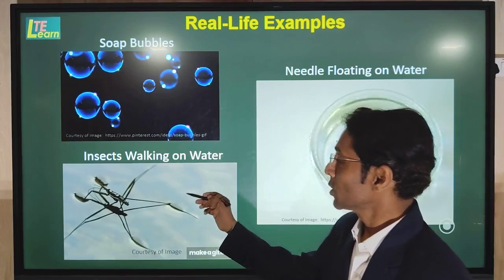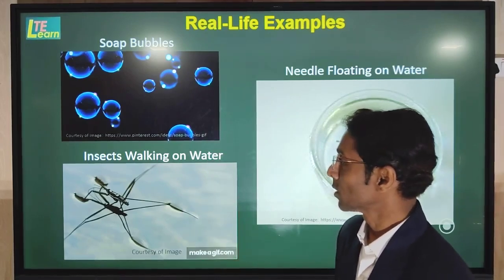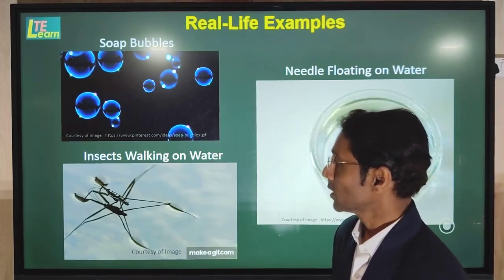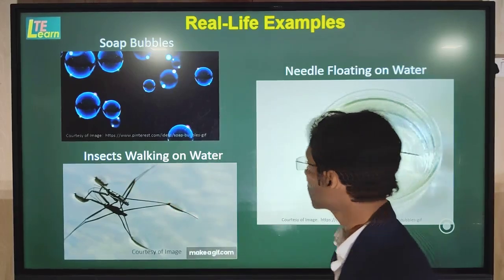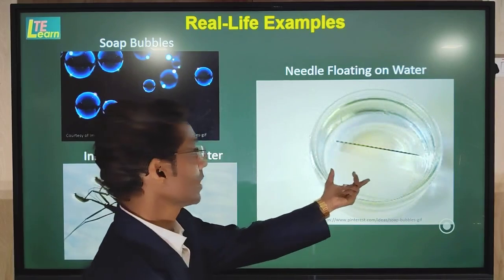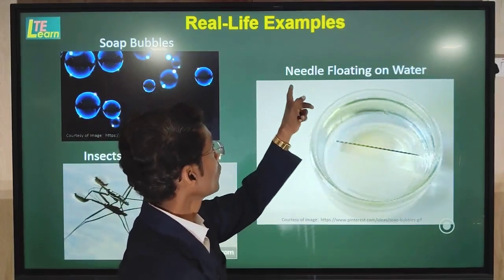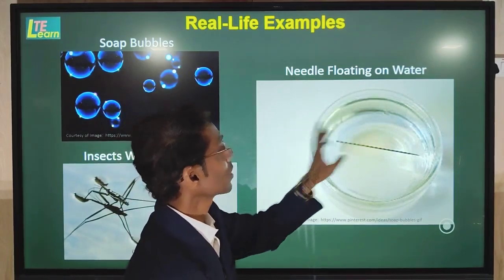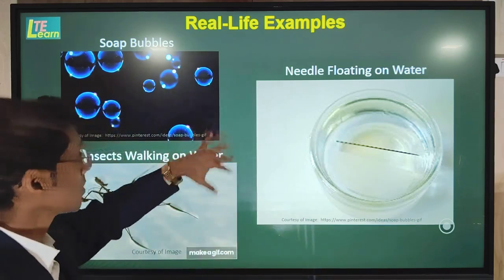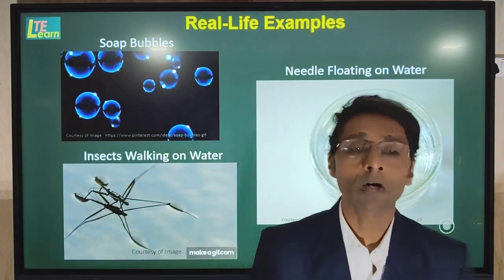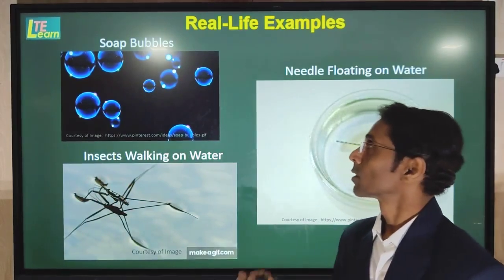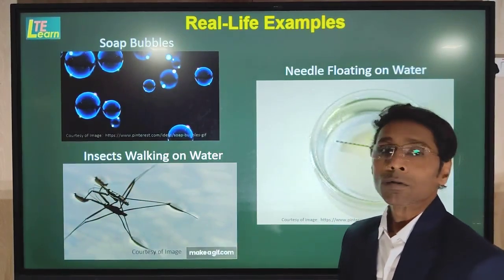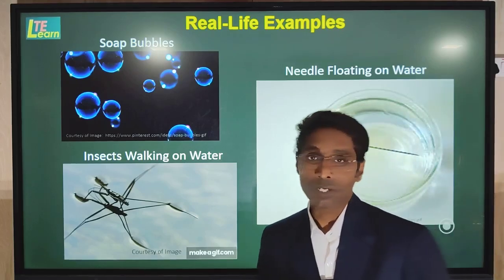Then we see in nature insects walking on water. Also, in a glass of water we observe a needle floating on water. These occurrences are because of the fluid property called surface tension.